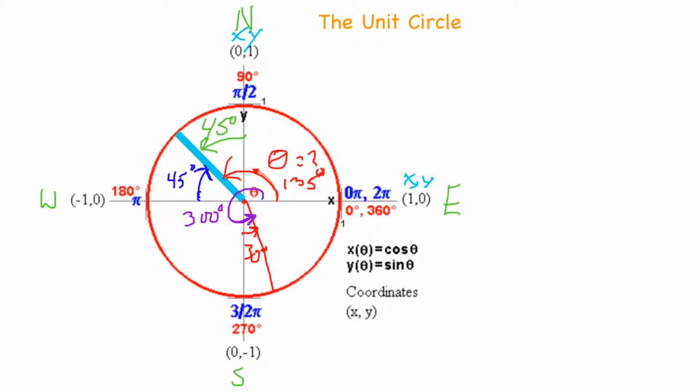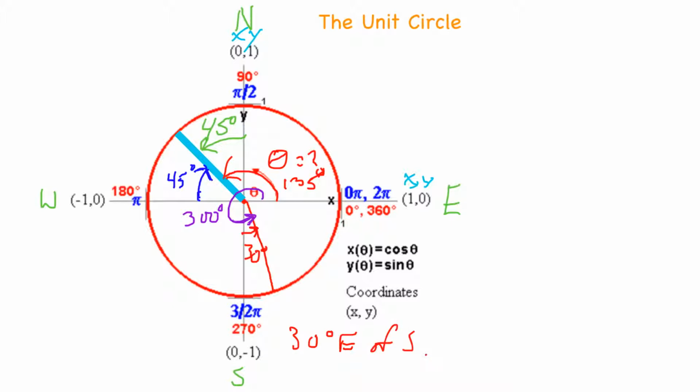Alright, now they originally gave us 30 degrees, and they said it was 30 degrees from the 270. Alright, 270 corresponds to south, and it told us with that arrow right there that we're moving towards the east. So we could say that this is 30 degrees east of south.